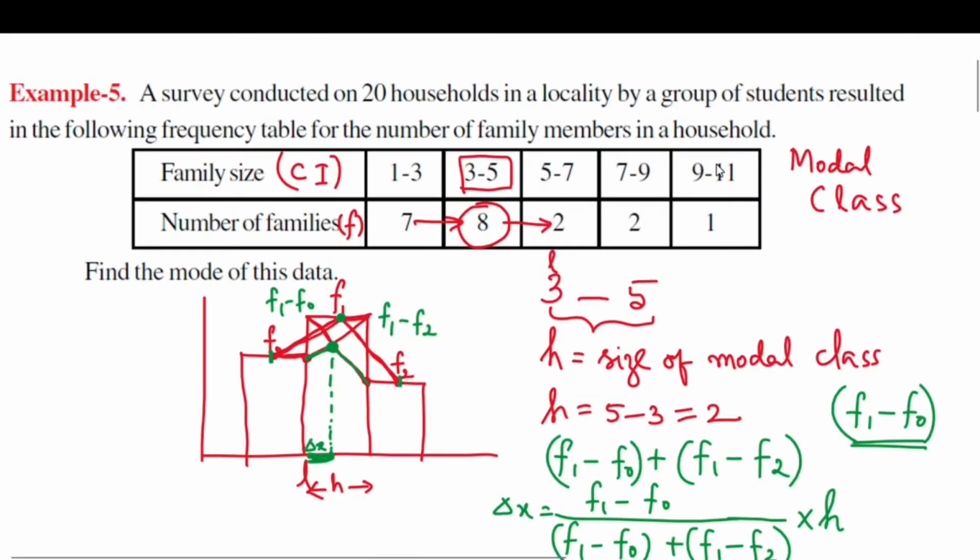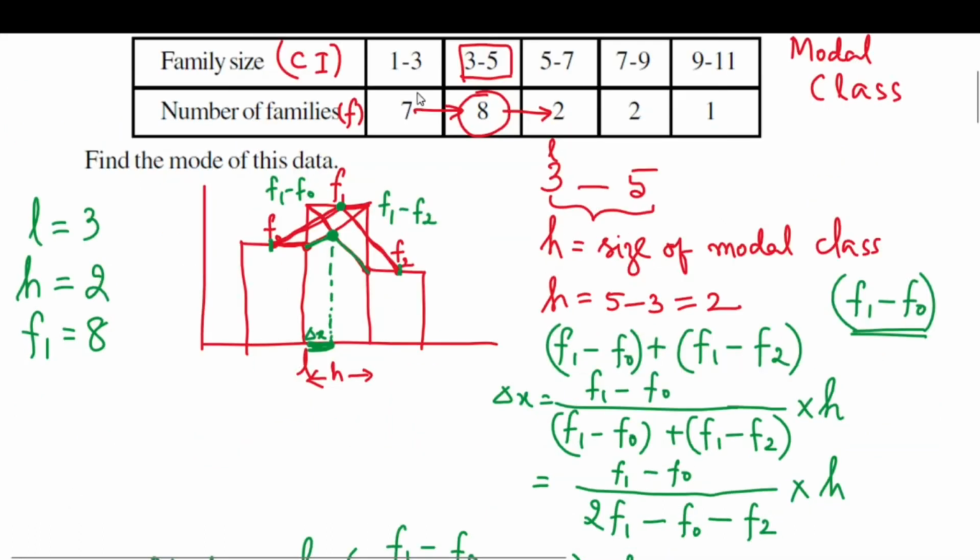Now let us see the question. The lower boundary L is 3, size of the modal class h is 2, the frequency of the modal class f1 is 8, the frequency of the class preceding the modal class f0 is 7, the frequency of the class succeeding the modal class f2 is 2.